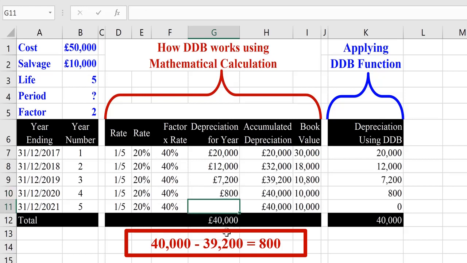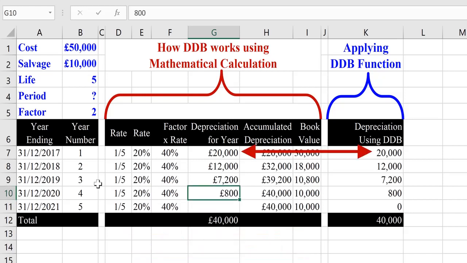So the maximum depreciation that can be charged in year 4 is 800, and accumulation will become 40,000, and for year 5 there would be 0 depreciation. So that is basically the mathematical calculation of how the DDB function works.